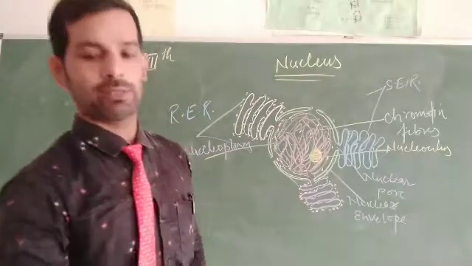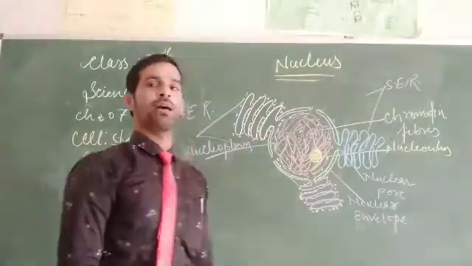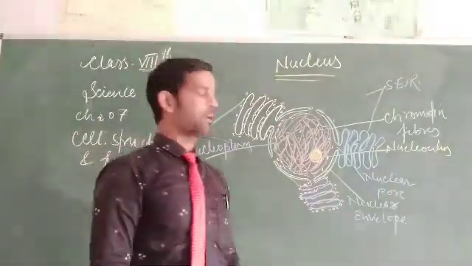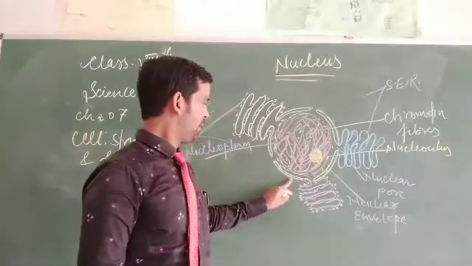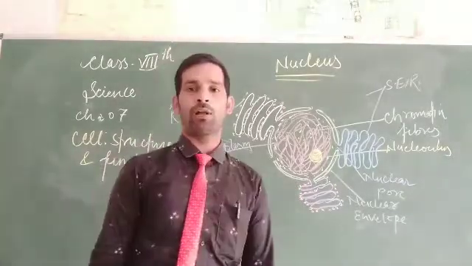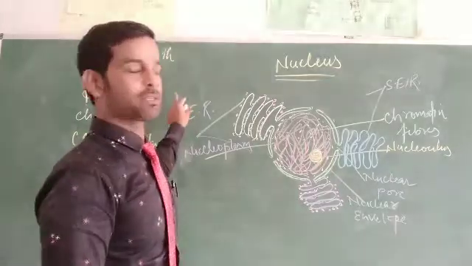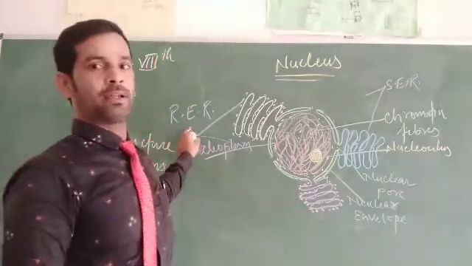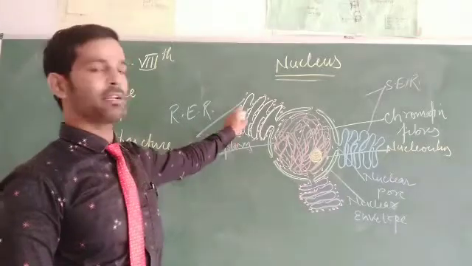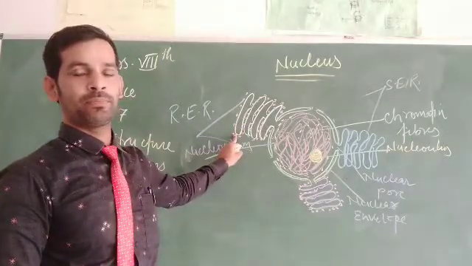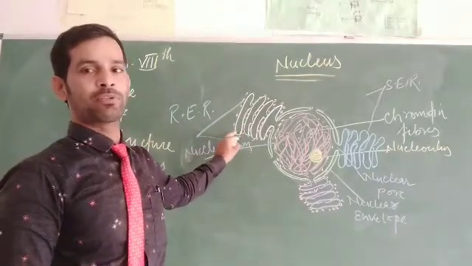The endoplasmic reticulum which has ribosomes on its sides appears rough. So this one is called the rough endoplasmic reticulum, that is RER. Why? Because a number of ribosomes are attached to it.